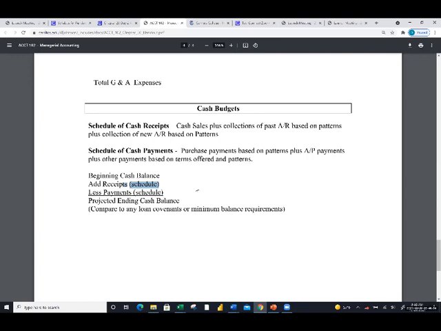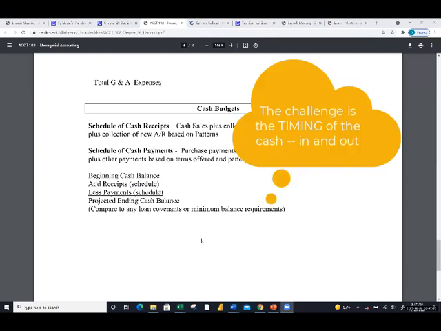How do we get our cash in? It depends on what the payment terms are. It depends on what the payment structure looks like, and it depends on how you pay your bills. For example, some vendors I may have 60-day terms with.